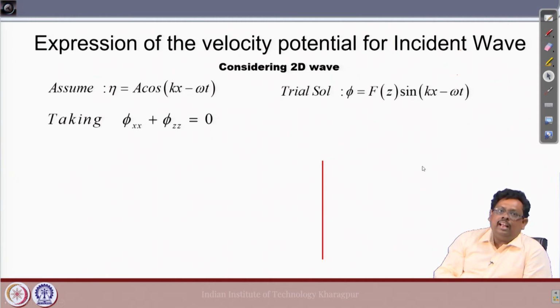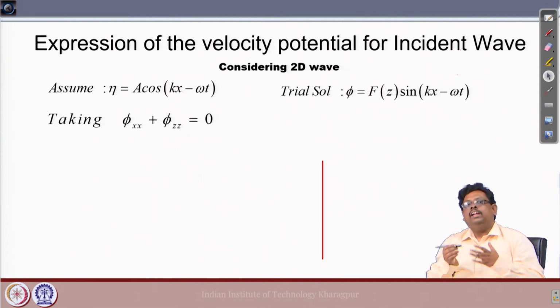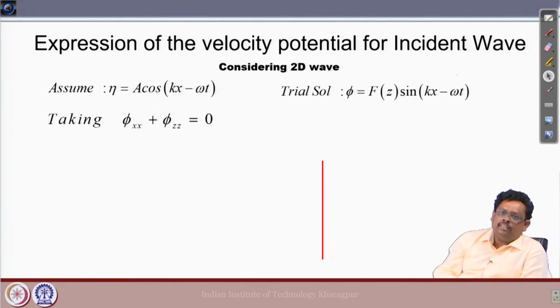Now, I am taking the Laplace equation φ_xx + φ_zz = 0. There are many ways of writing the same thing. I can write ∂²φ/∂x², or I can write φ_xx or φ_zz, both are the same thing. Now, if I substitute this φ here, what do I get?